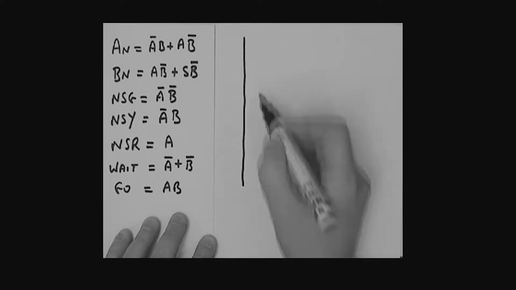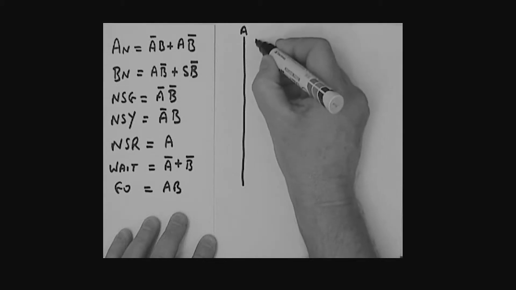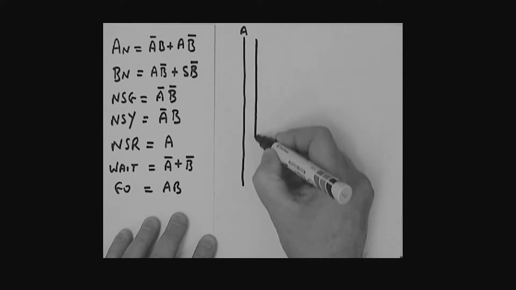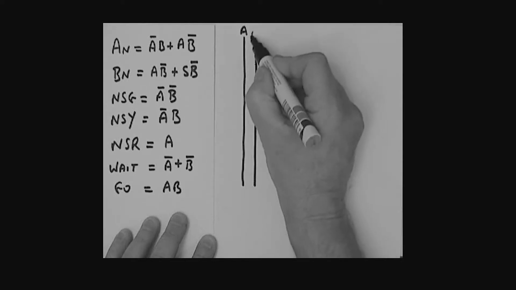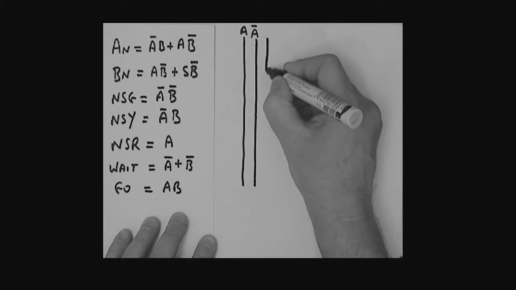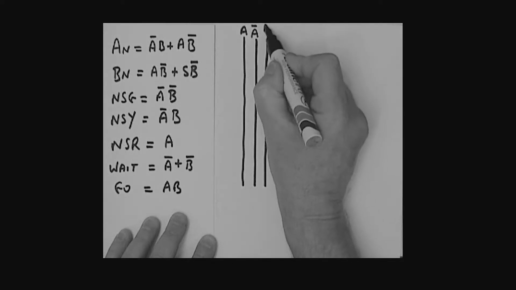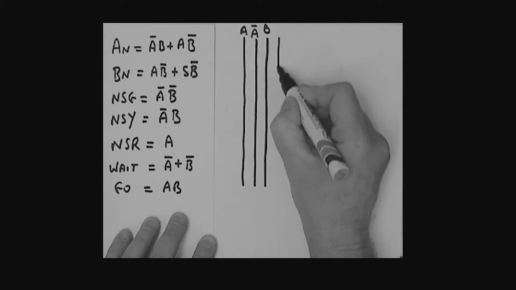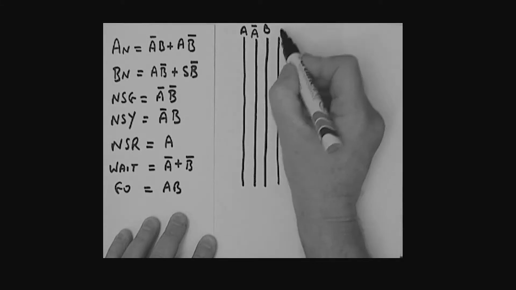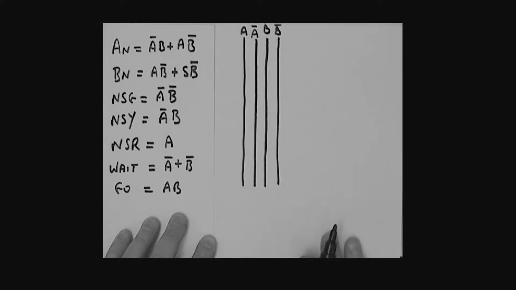I'll say this is a wire that corresponds to A. And then I have another piece of wire right next to it, which is the wire for A bar. Then the same over here: this piece of wire is for B, and another piece of wire sitting over here would be the B bar wire.